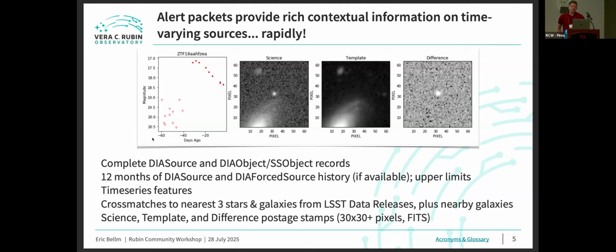There are 12 months of history, upper limits, time series features, cross matches to data releases, as well as postage stamps, all included in the alert packet. It's worth saying that some of these things aren't available yet. In particular, we don't really have data releases that we can match to at any scale, so those won't be in our early alerts. And there are a few other features that we're still working on as we go.